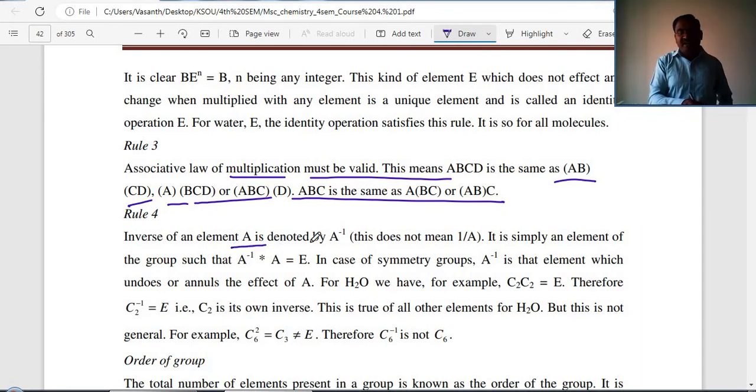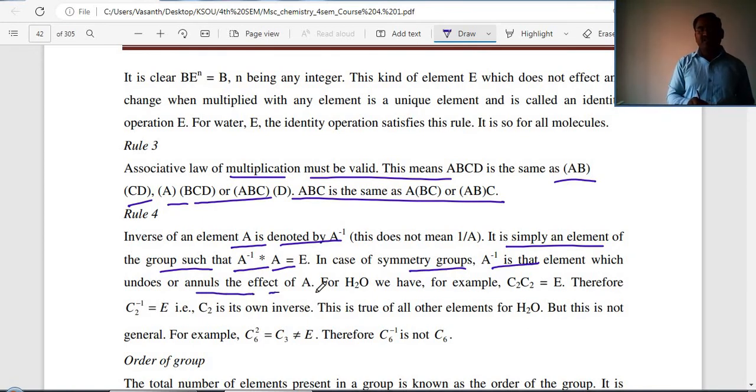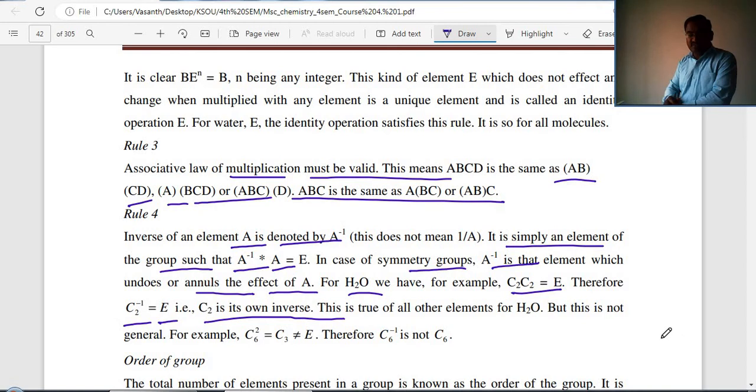The inverse of element A is denoted by A inverse. It is simply an element of the group such that A inverse times A is equal to E. In case of symmetry groups, A inverse is that element which annuls the effect of A. For water, for example, C2 times C2 is equal to E, therefore C2 inverse is equal to C2, that is, C2 is its own inverse.